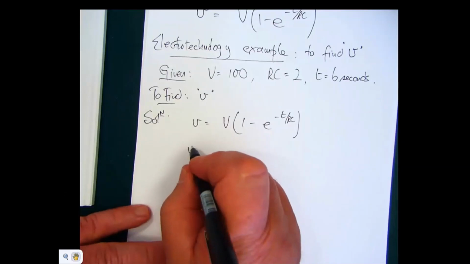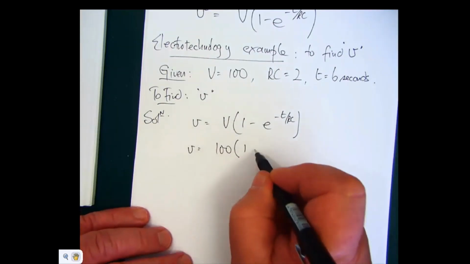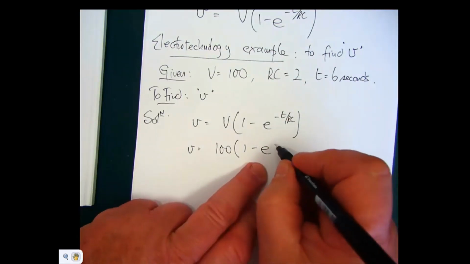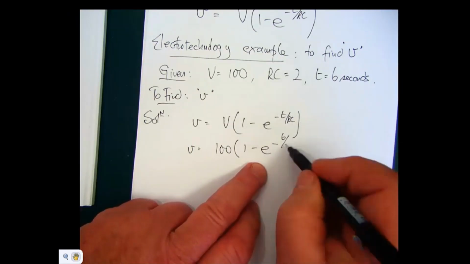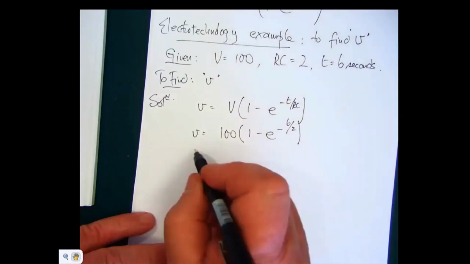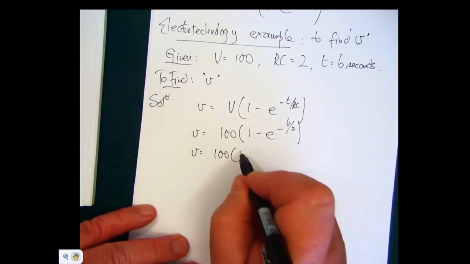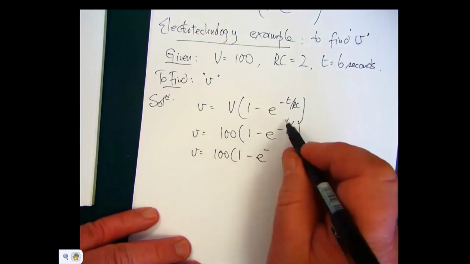So then this becomes little v equals 100, so we put that in, 1 minus e, which is a constant, it's in your calculator there, minus, now t is 6, and RC is 2. Close the brackets. Okay, simplifying this, v equals 100, bracket, 1 minus e to the negative 3.